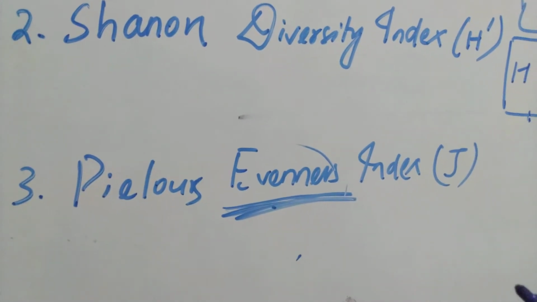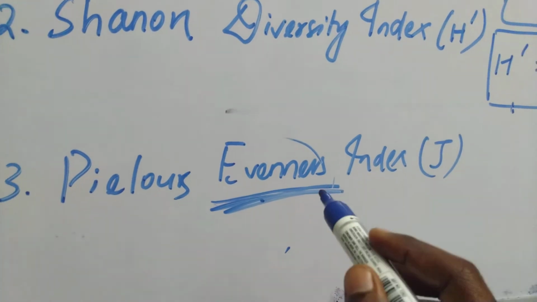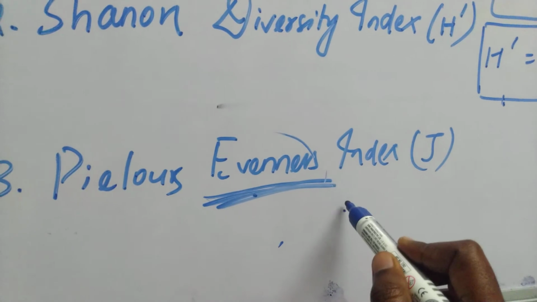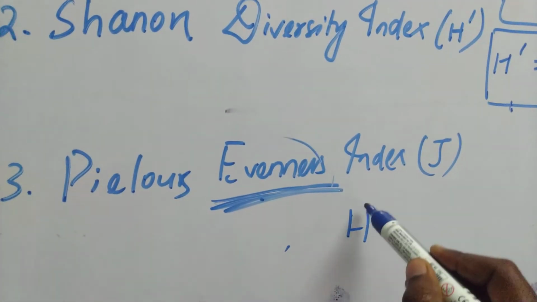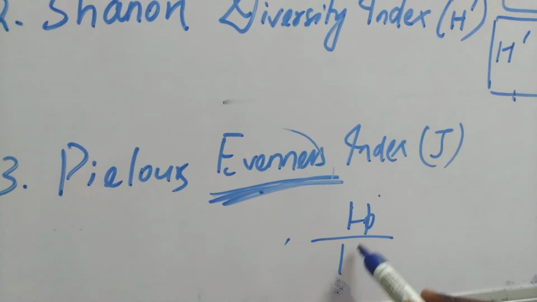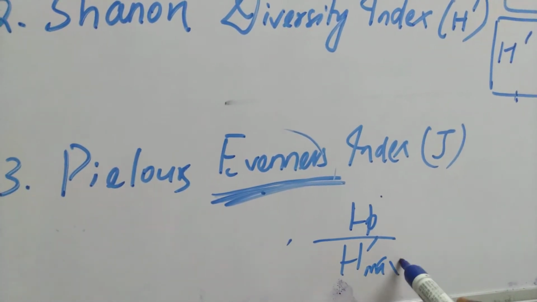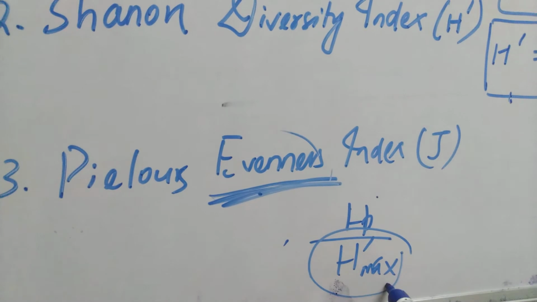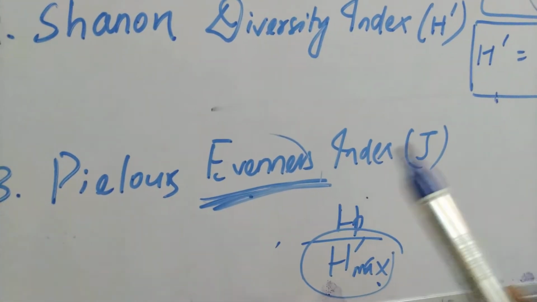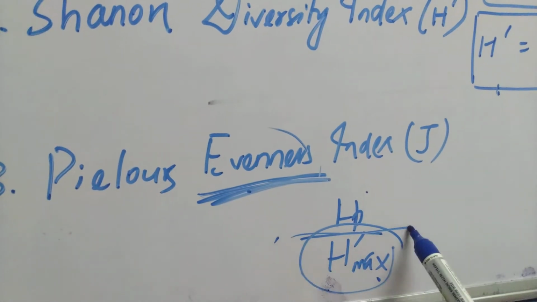So the formula is nothing but the observed Shannon diversity index divided by the H' max. So the max would be given in the question itself. You just have to find out the Shannon diversity index out of the question and then just divide them.